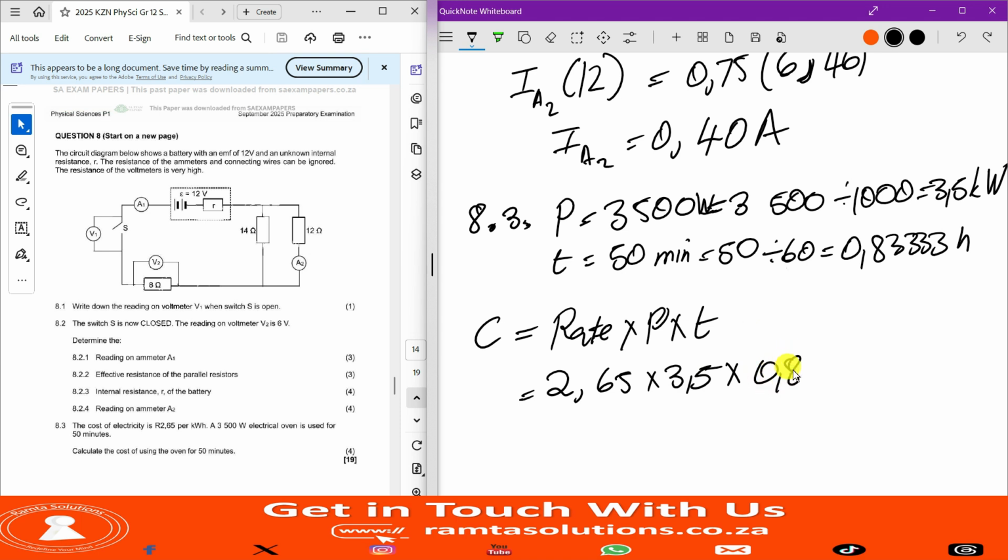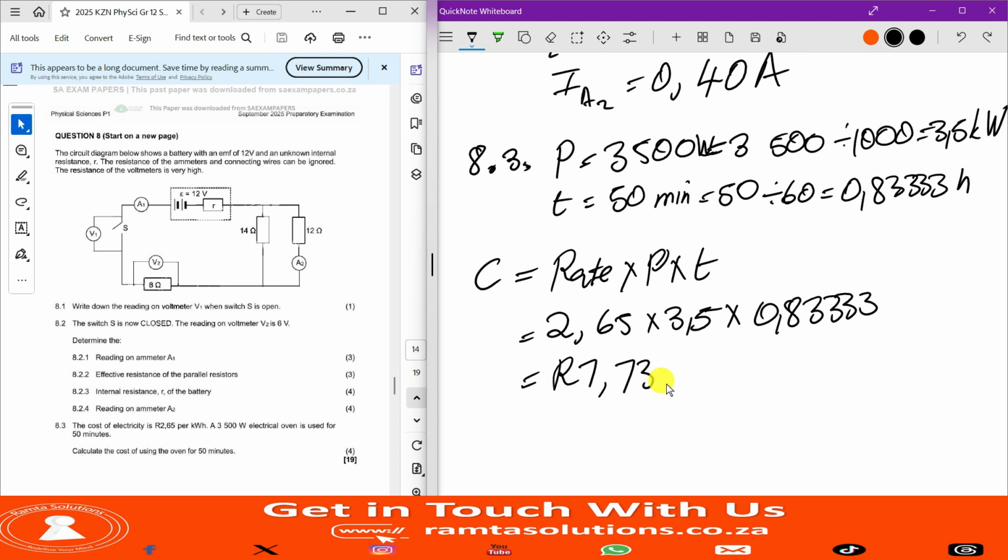It is 0.83333. Perfect. Now let's see. 2.65 multiplied by 3.5 multiplied by 0.83333. Our answer will be 7 rands and 73 cents.